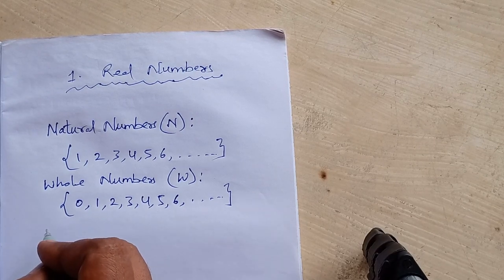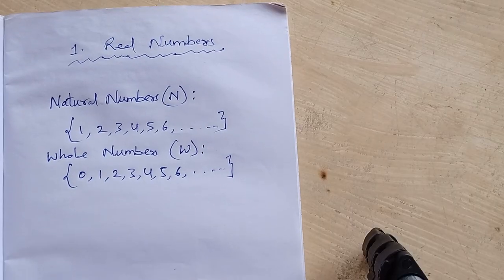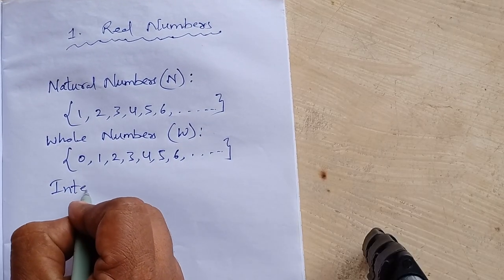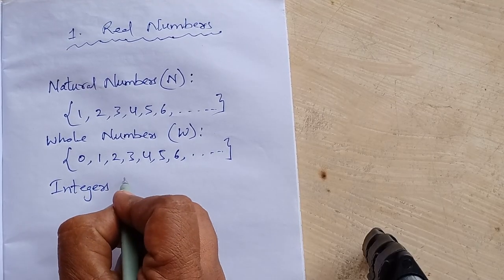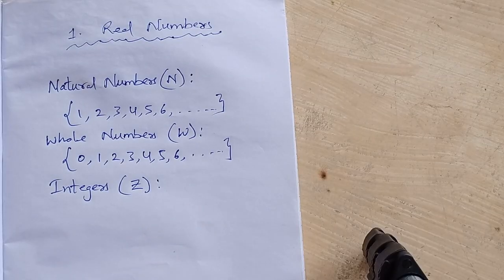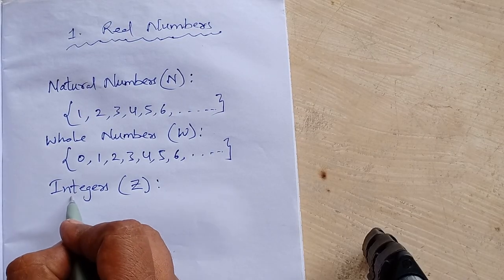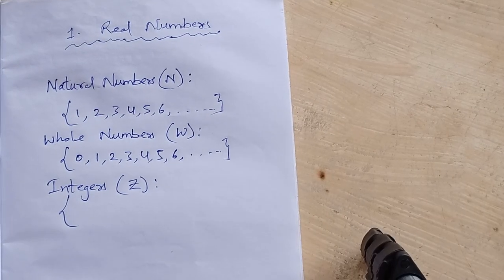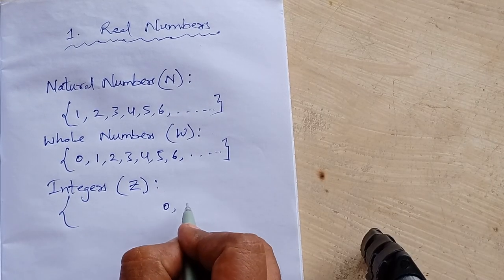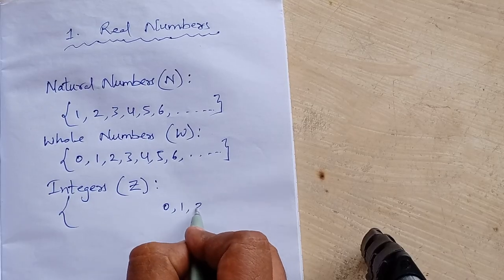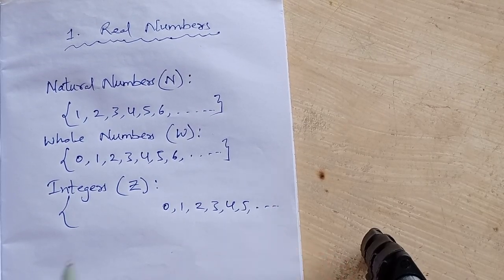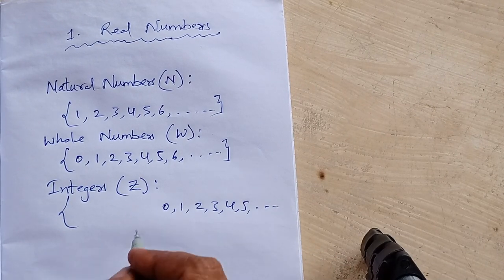Now next comes integers. What are integers? Along with the whole numbers, there are also some other numbers which are required in mathematics.